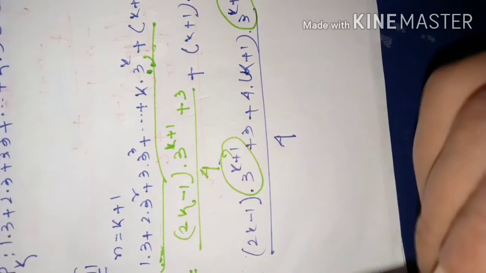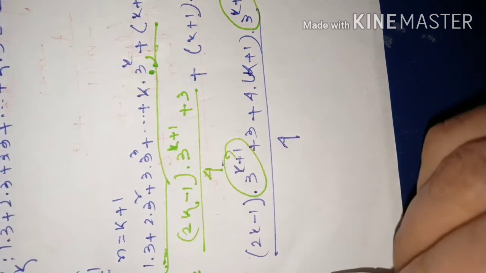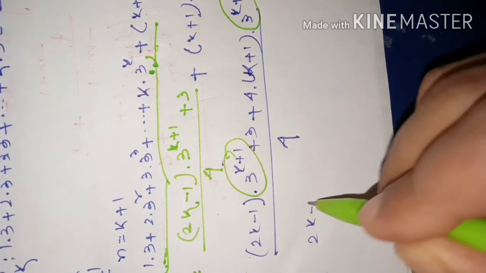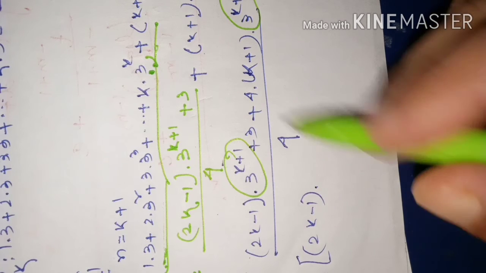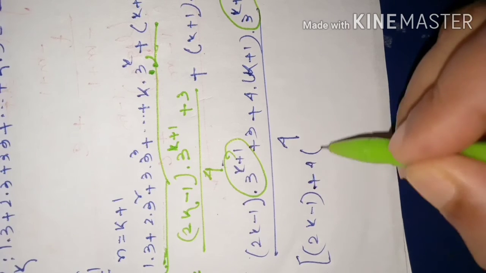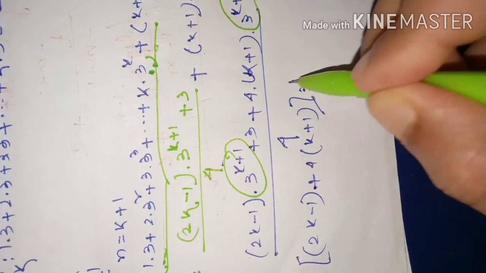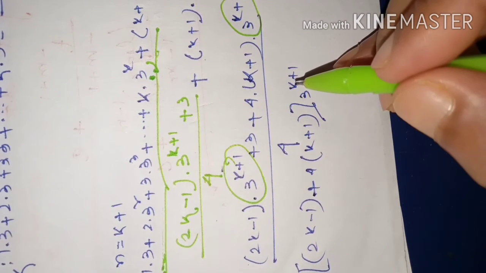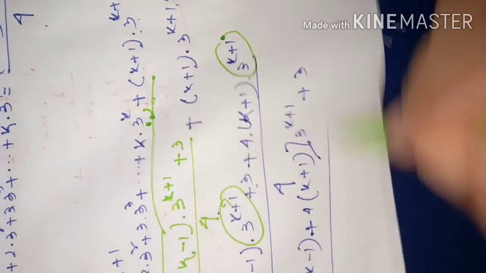So taking 3 to the power k plus 1 as a common factor, we will get (2k minus 1) plus 4 into (k plus 1), in bracket, into 3 to the power of k plus 1, plus this extra 3, divided by 4.